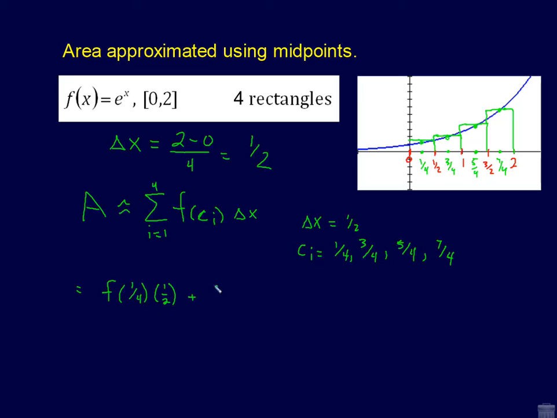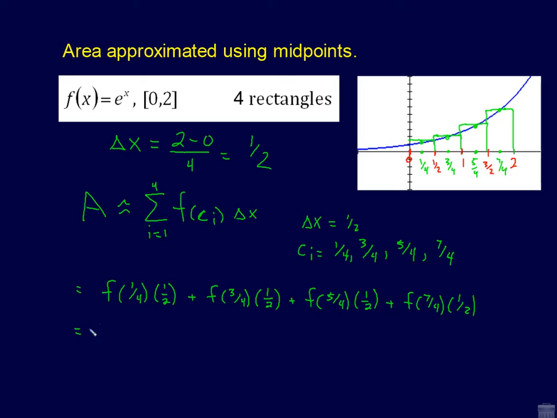The second rectangle, the height is f of 3/4, and the width is 1/2. The third rectangle, the height of the function is f of 5/4, the width is a half. And the last one, the height is measured at x equals 7/4, and the width is 1/2.